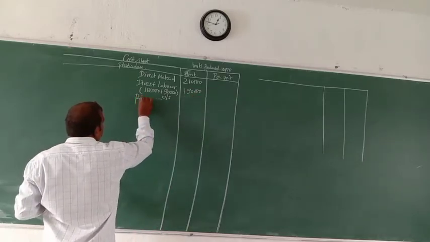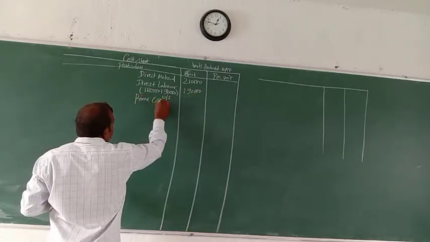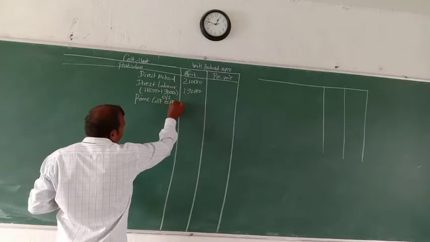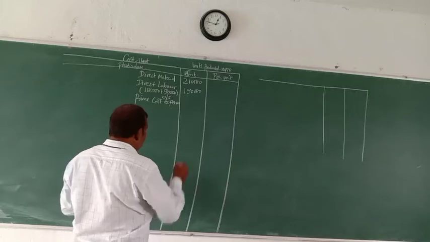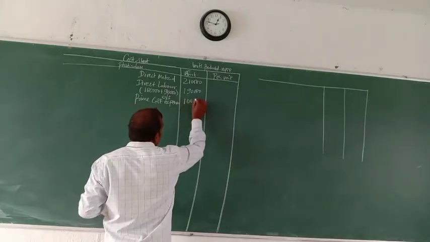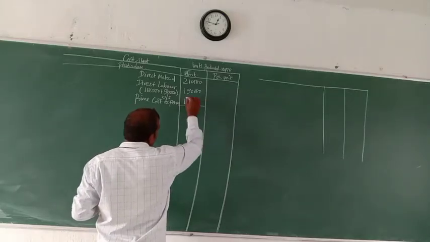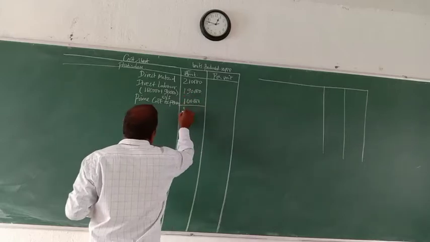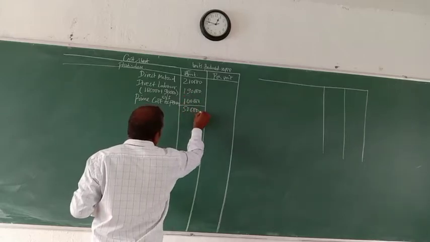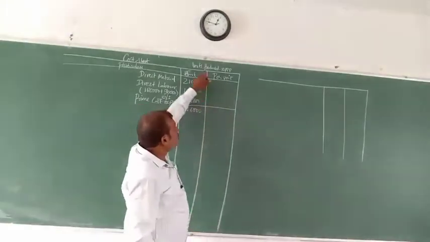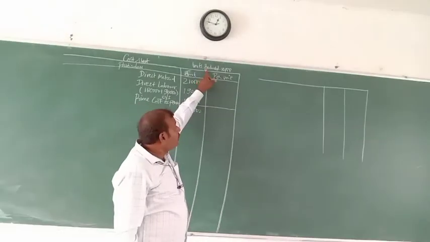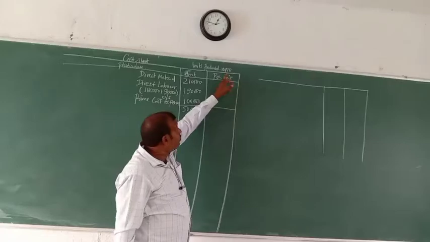Prime cost expenses. Prime cost expenses is different. So prime cost expenses 1 lakh. This total, 5 lakh. Here we have per unit column. Here you have to write on the right hand side corner the units produced given in the problem.